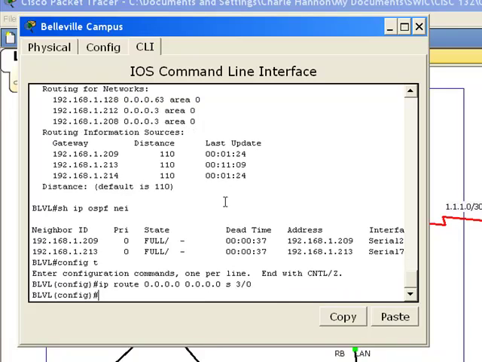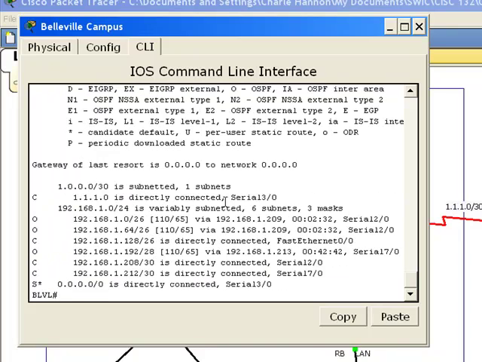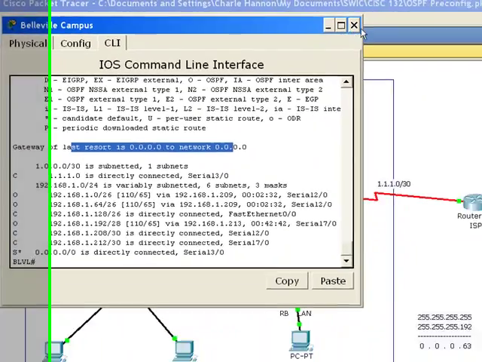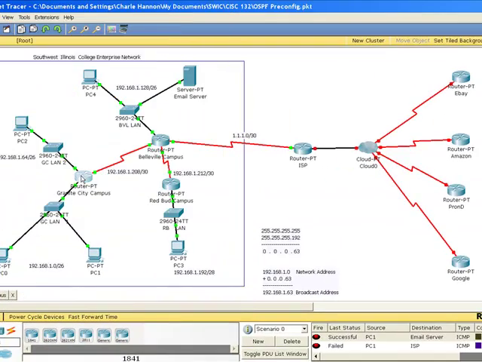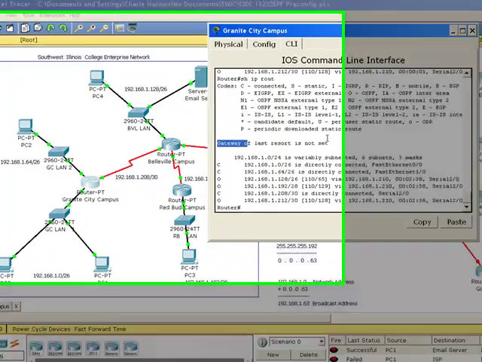This is a way of telling my router where to send traffic if it doesn't have a specific route. But just because my router has a gateway of last resort doesn't mean anybody else does, right? So gateway of last resort is not set.